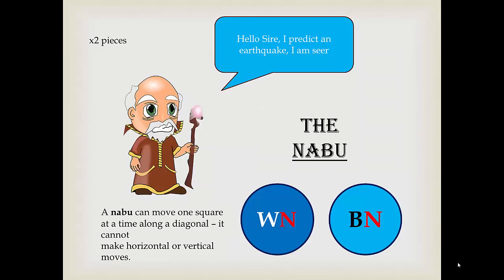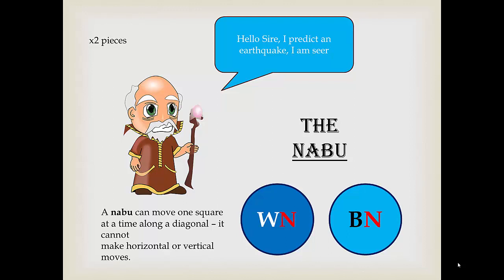Here's the Naboo. With Naboo, there's two pieces of Naboo. One is next to the Marder Panty and one is next to the Sarrum. Now, it's the opposite of the power of the Marder Panty, because instead of moving horizontally or vertically, it moves diagonally by one square. So it can't actually move horizontally or vertically.